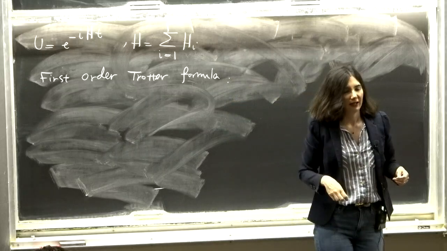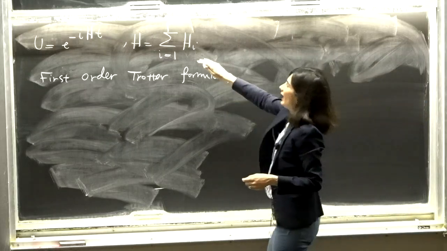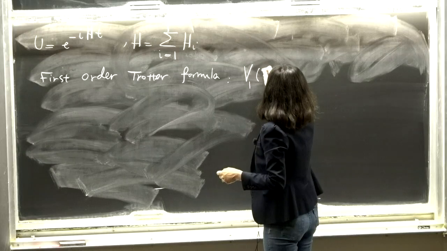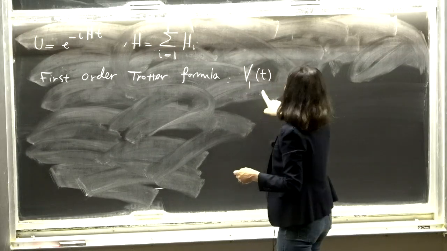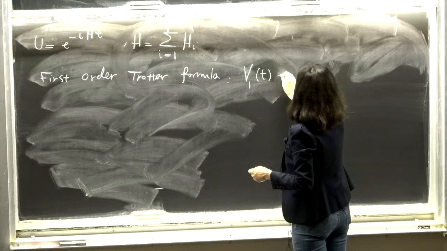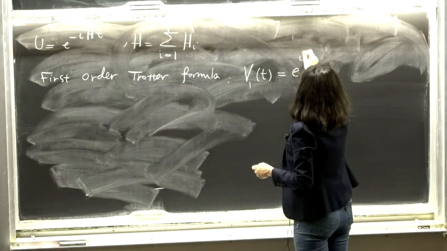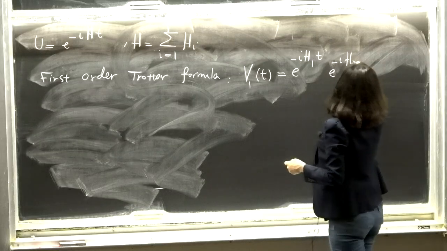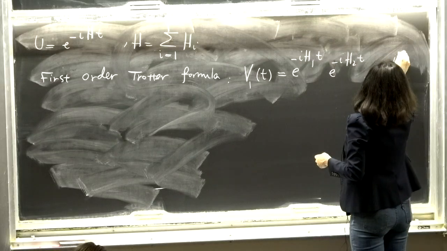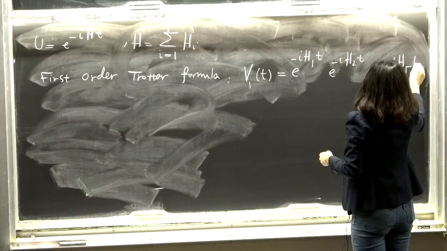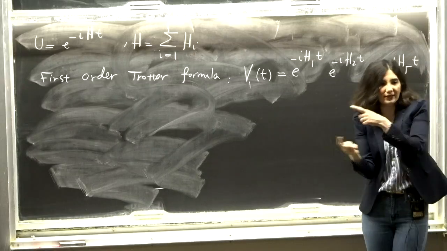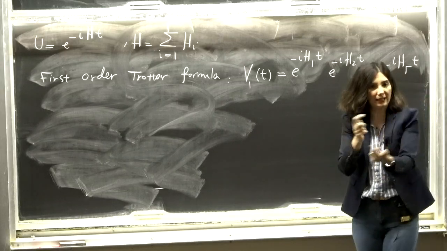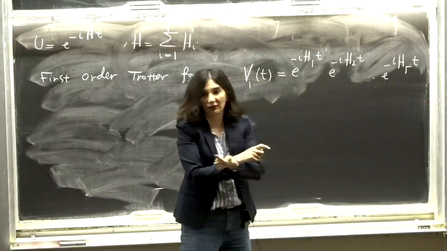Given this decomposition, V1 of t, the first order approximation to the time evolution operator, is simply e to the minus iH1t, e to the minus iH2t, up to e to the minus iH_gamma t. Obviously you have a choice of ordering these terms. I picked this choice, but different choices can in fact give you different Trotter errors.